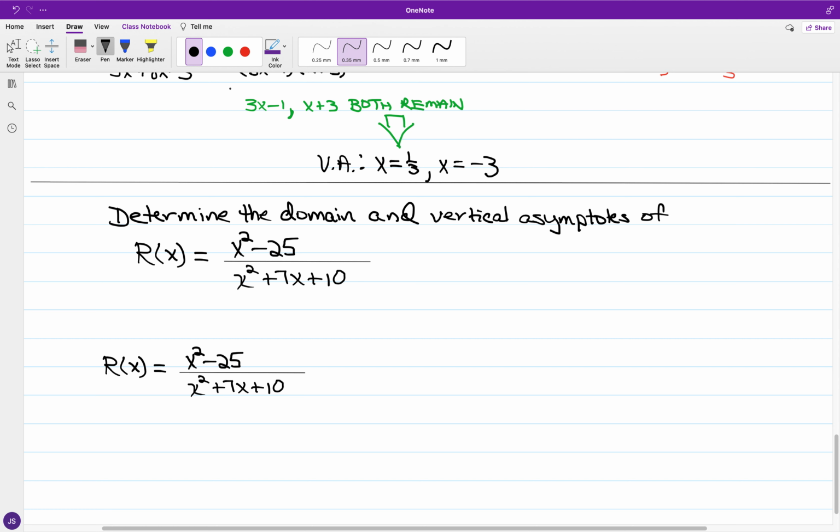Okay, for what we have in the case of the rational function, where we have x squared minus 25 all over x squared plus 7x plus 10. Okay, again, for the domain, the denominator cannot be 0 in value.